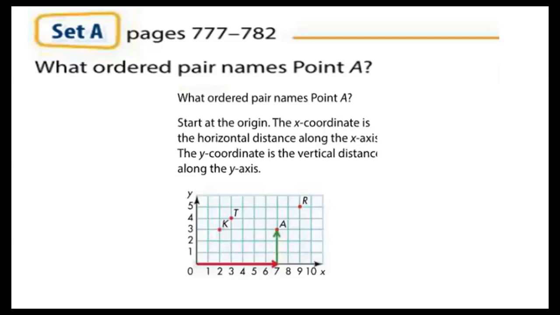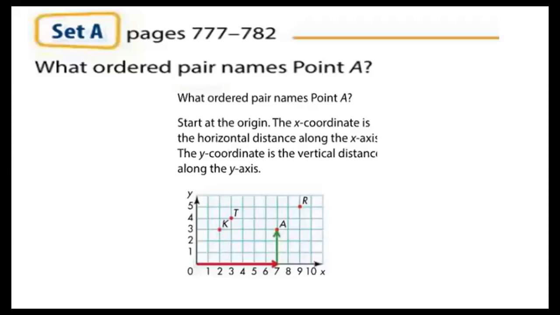You have to know first what the origin point is. It is the intersection between the two axes, so it is represented by 0 on the x-coordinate and 0 on the y-coordinate. So it has the ordered pair (0, 0). The x-coordinate is the horizontal distance along the x-axis. The y-coordinate is the vertical distance along the y-axis.